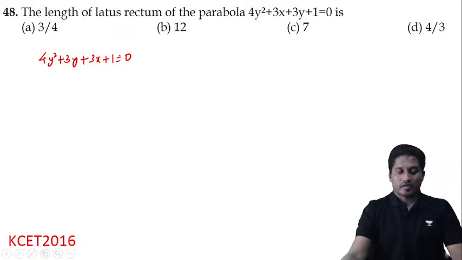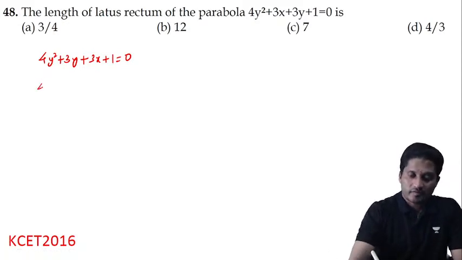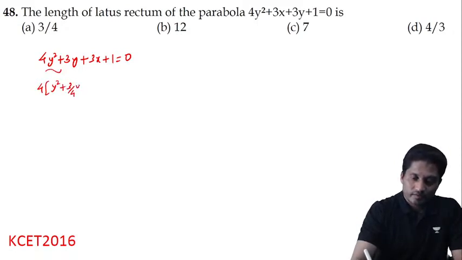Clear? Now take 4 out from the first two terms: 4 times y square plus 3 by 4 y, plus 3x plus 1 is equal to 0.